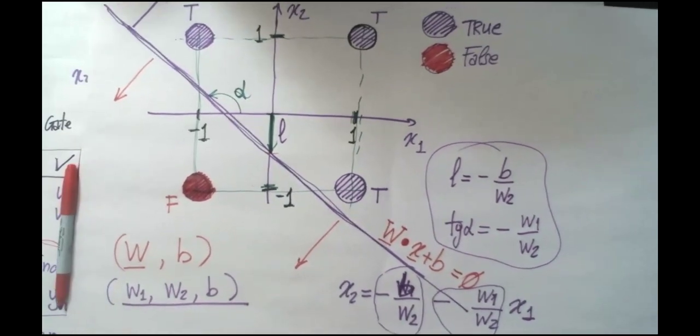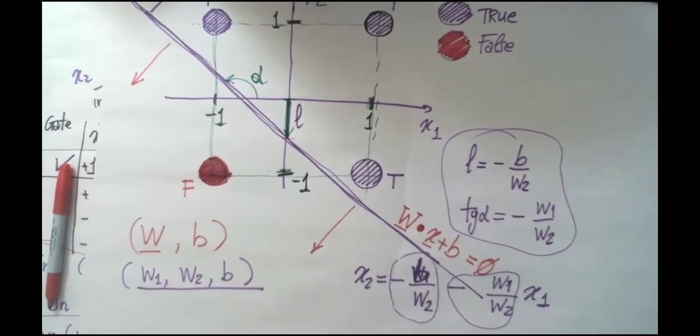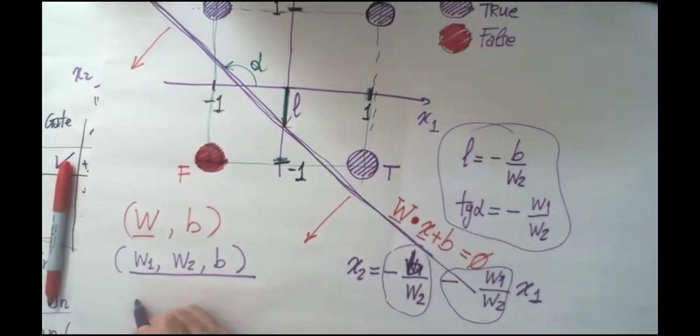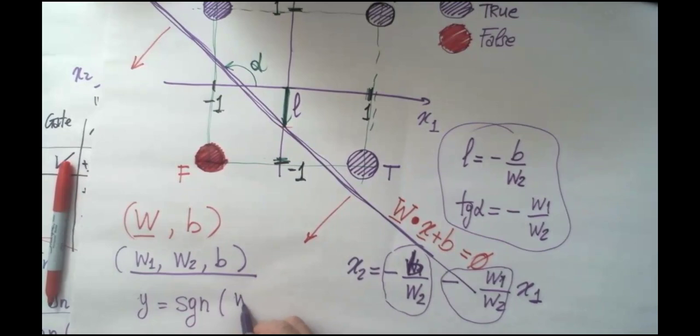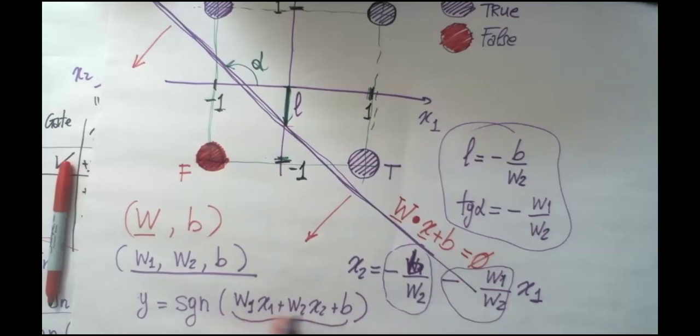The truth of the matter is that, if we look carefully, the output y is equal to the sign of W1 x1 plus W2 x2 plus B. The output depends only on the sign of this quantity here.